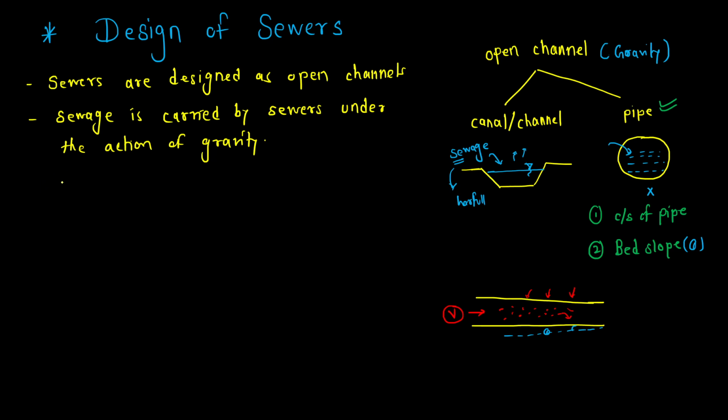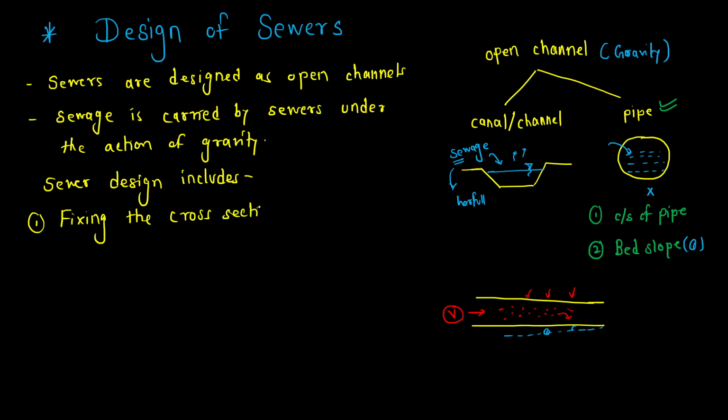Now sewer design includes, first, fixing the cross section of the sewer, and second, fixing the slope of the sewer.